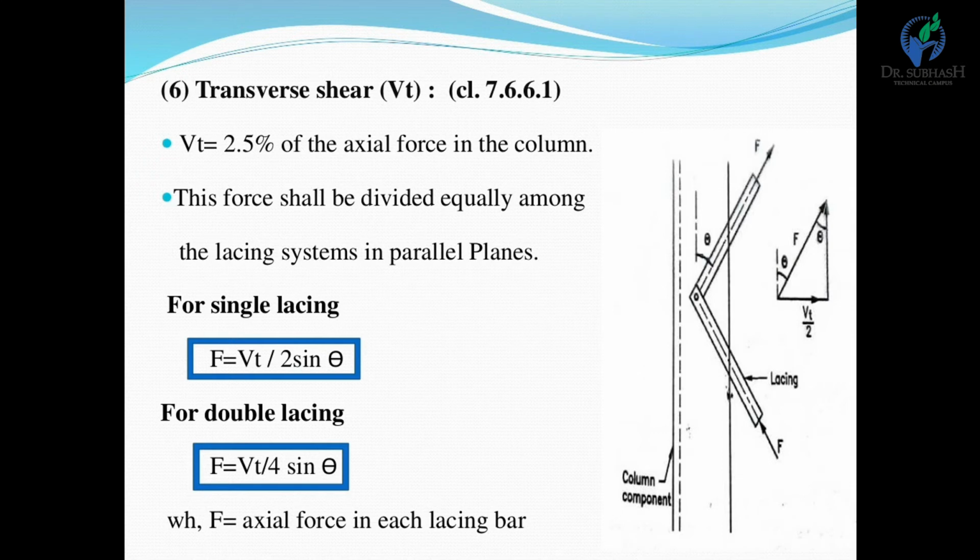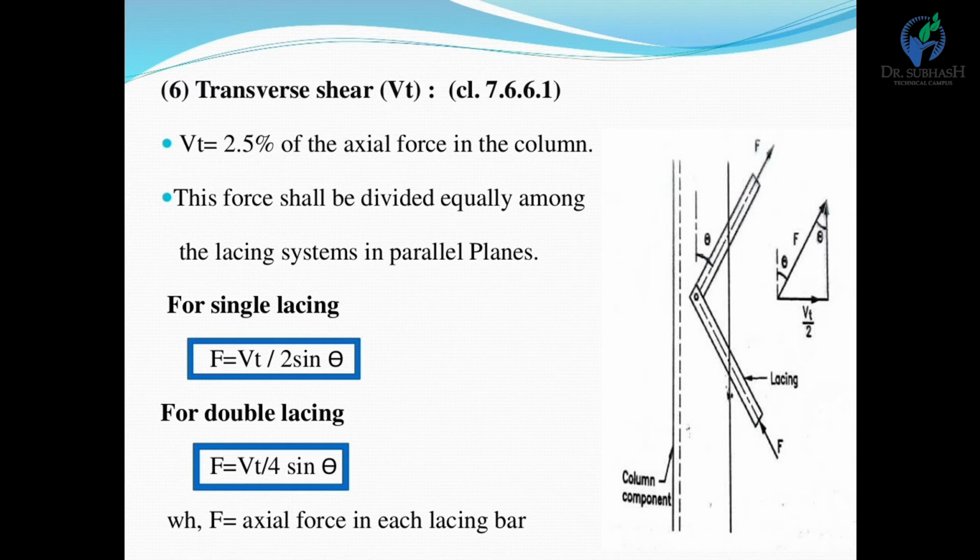Next, transverse shear VT. The lacing should be designed not for any axial loading, but to carry transverse shear. This is a very important step to remember. Transverse shear is denoted by VT, and it's given in clause number 7.6.6.1 in IS 800.